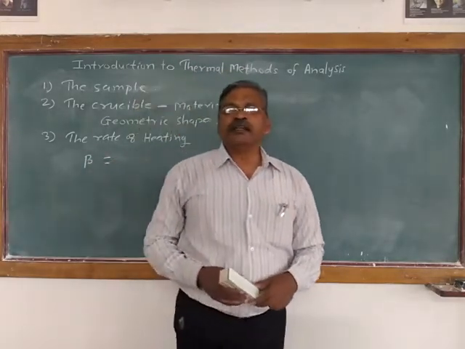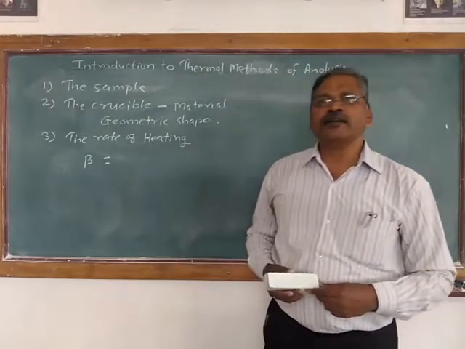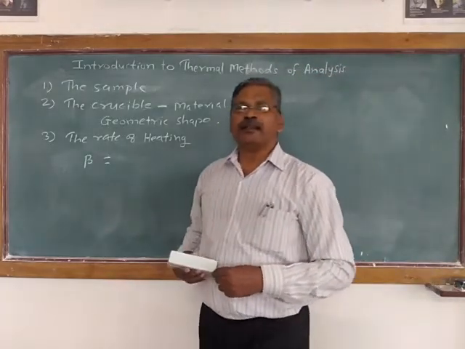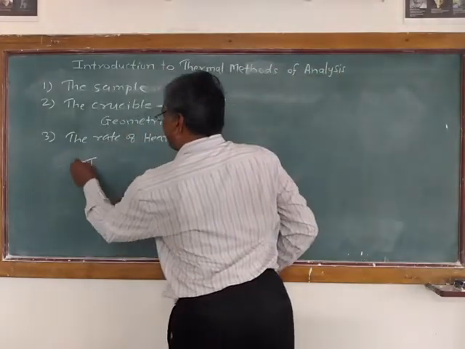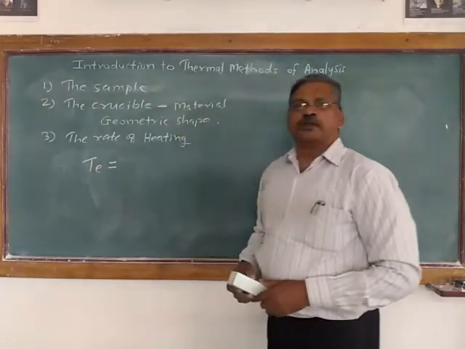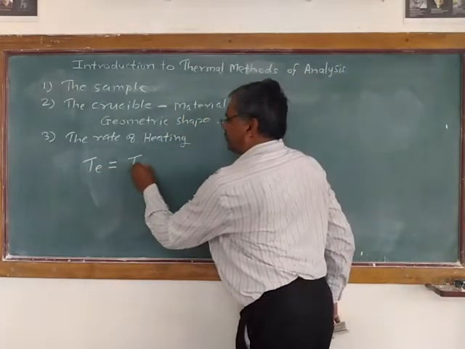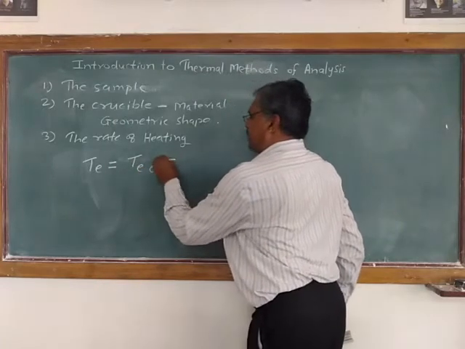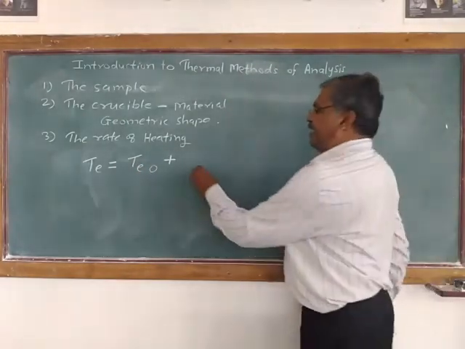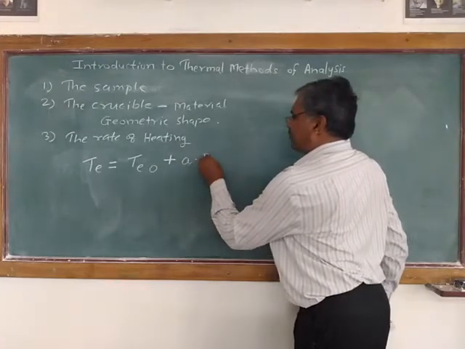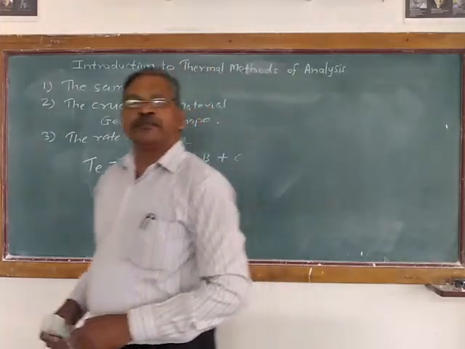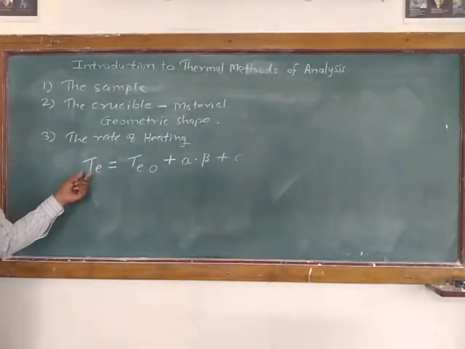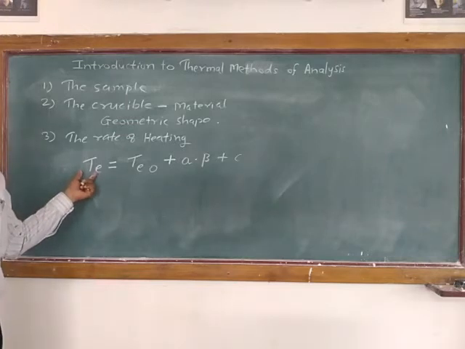It is related to the corrected temperature, and the equation is given as TE = TE0 + A·beta + C, where TE is the observed uncorrected temperature at heating rate beta.